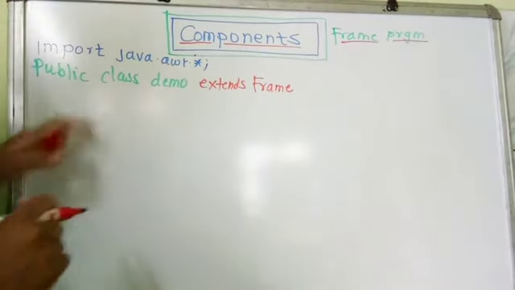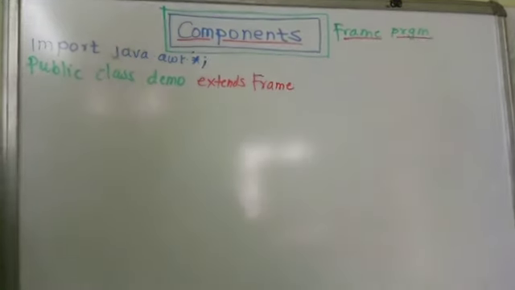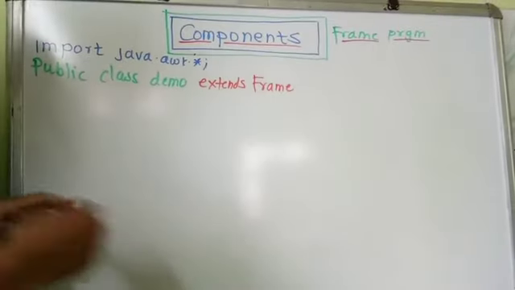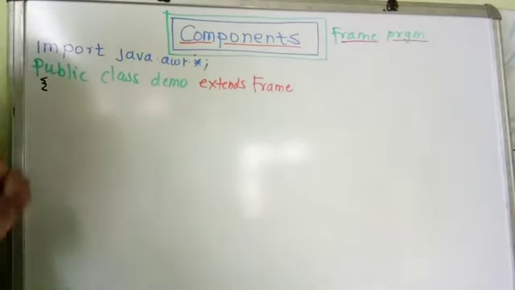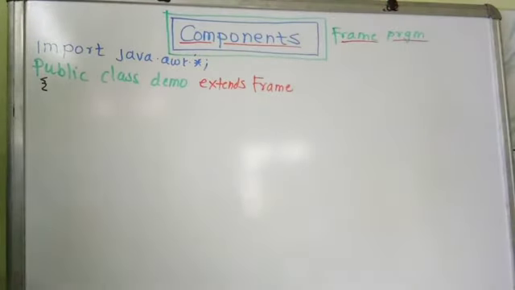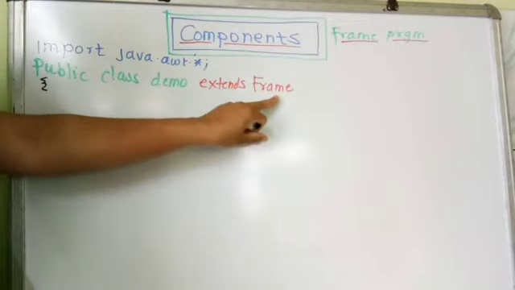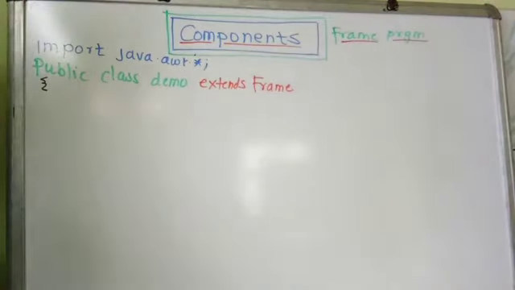This is the standard mechanism to use the frame component. Now we will start with our program, with the constructors of this frame. Continuing with this, we will start with our logic.